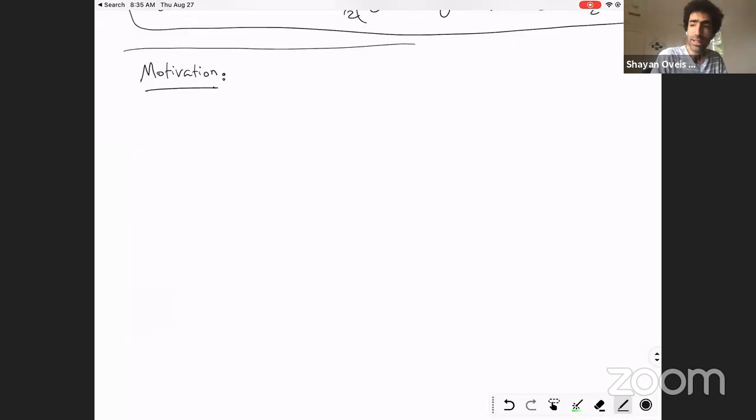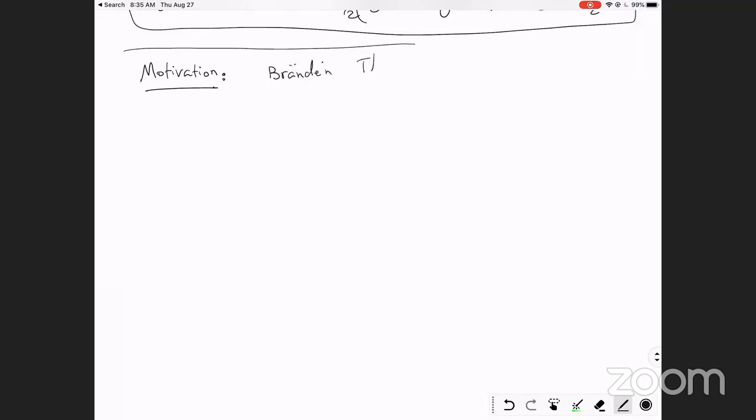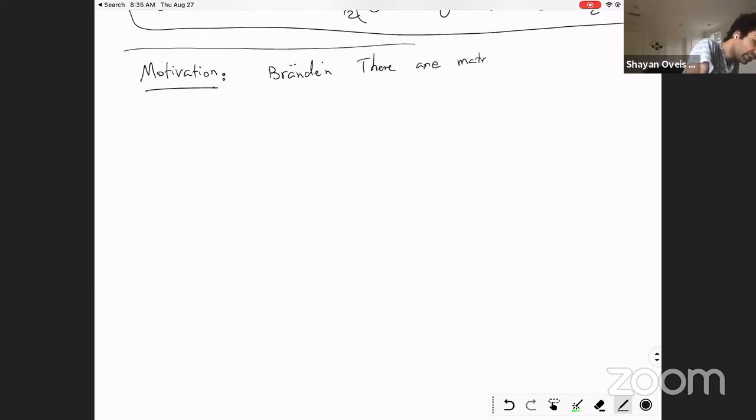If you remember in the first lecture, I informally said a theorem by Brändén, that there are matroids, such as the Fano matroid, for example, which are not realizable, let's say bases are not realizable, as the support of a real stable polynomial.